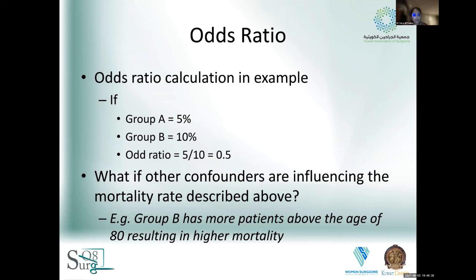What if other confounders are influencing the mortality rate described above? What do we do about it? Like we said, what if group B had more patients above the age of 80, resulting in a higher mortality? Do we just accept it, or how does it influence our odds ratio?